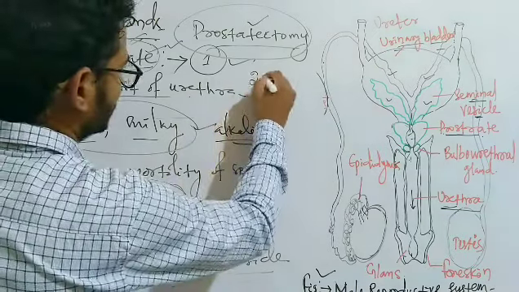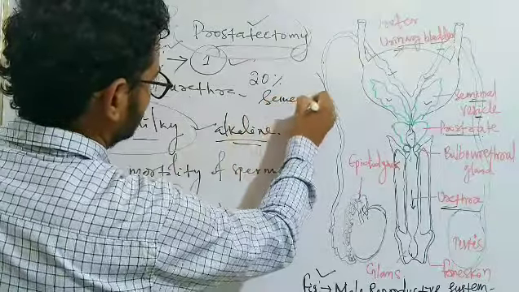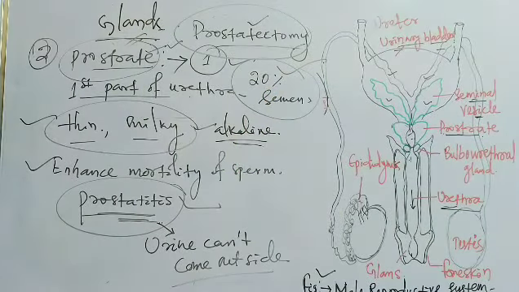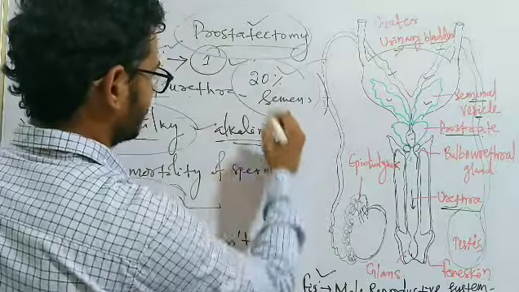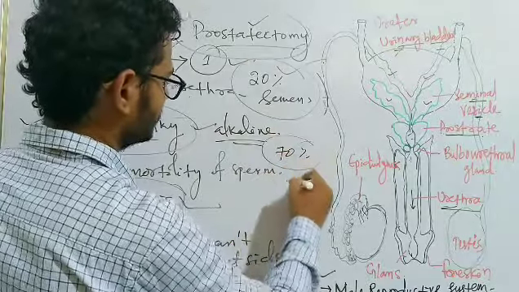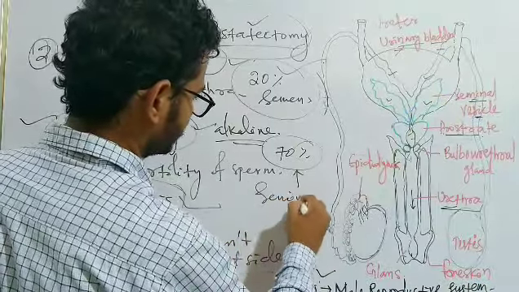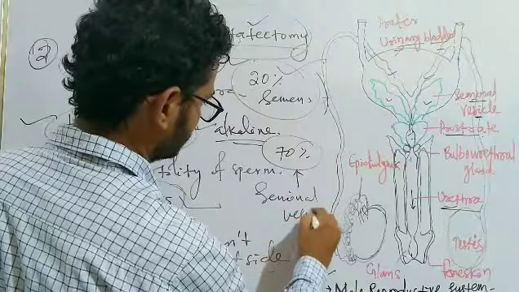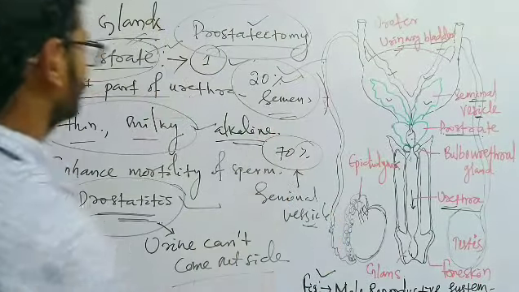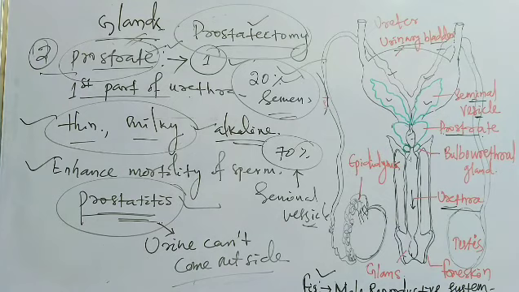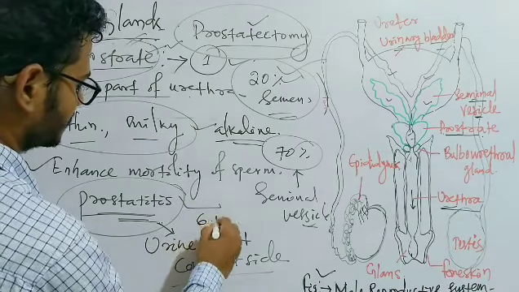It contributes 20% of semen. We have discussed 70% contributed by the seminal vesicles. Now another 20% of the semen is contributed by the prostate gland, and it secretes slightly acidic fluid, with a pH of around 6.5.